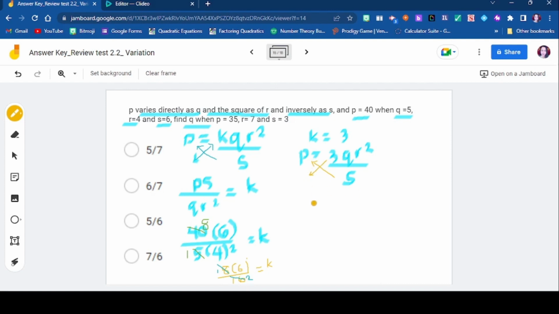So we will be having our P and S to be multiplied together.